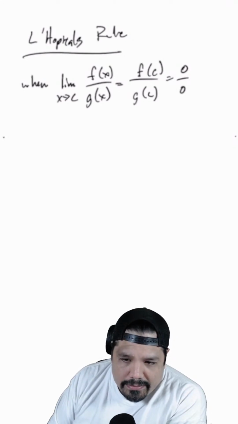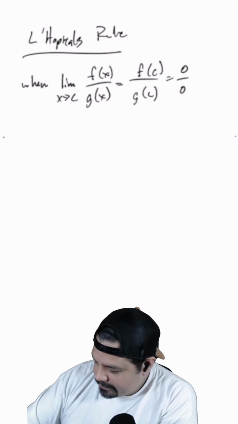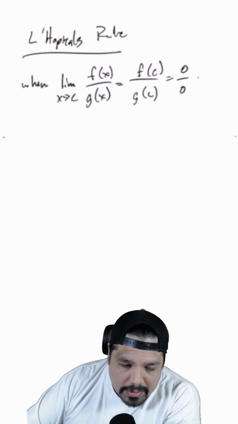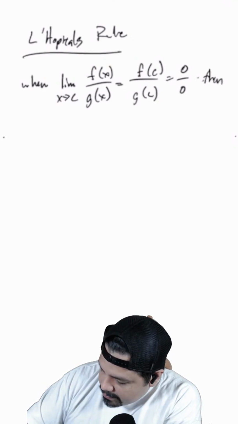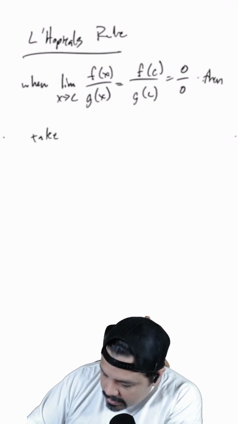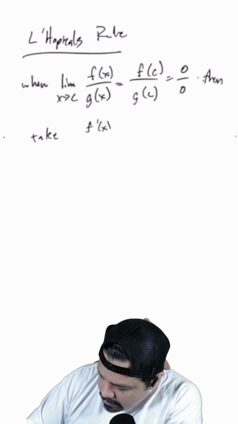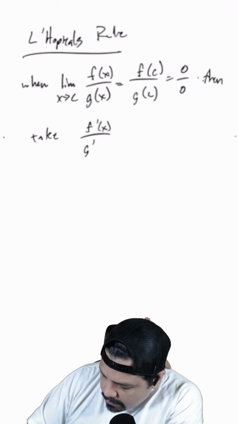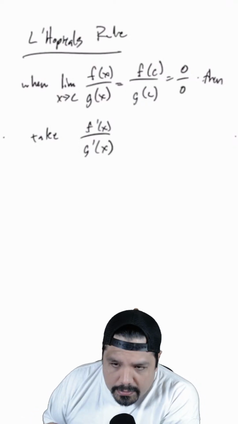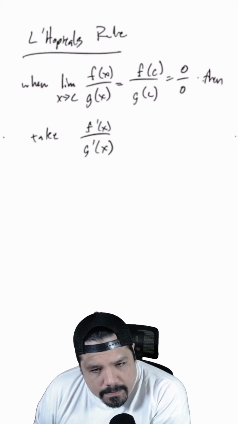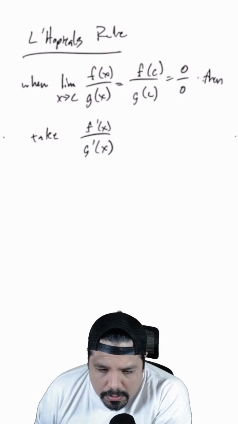No, it can't. So this is what we do. Take f prime of x over g prime of x. Let's show you an example.